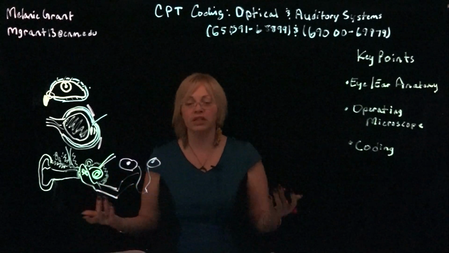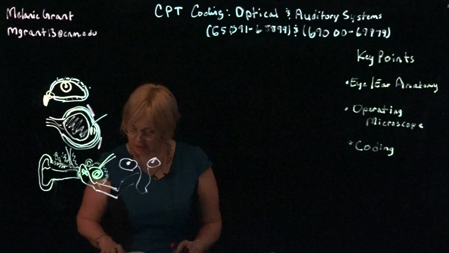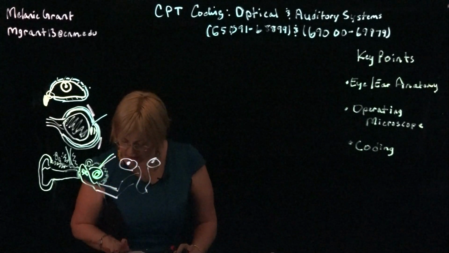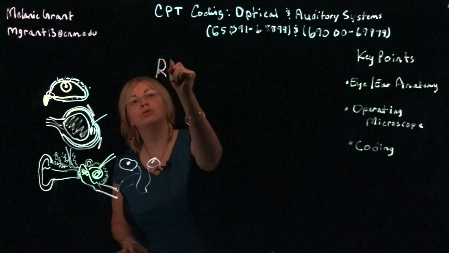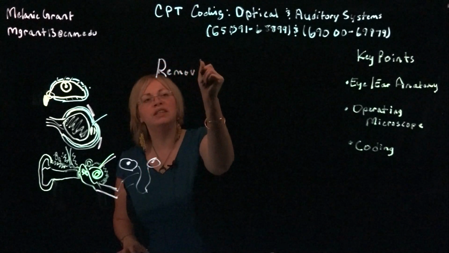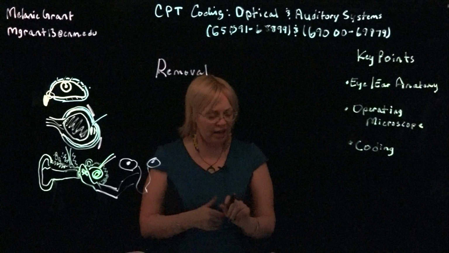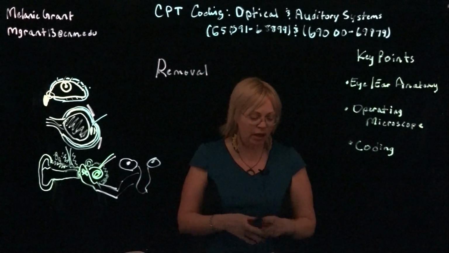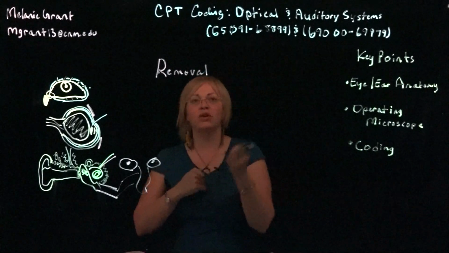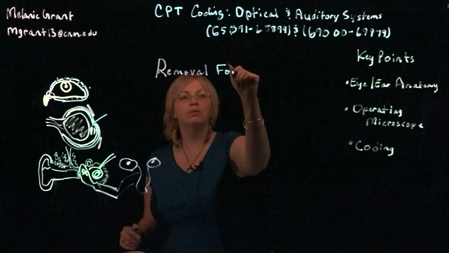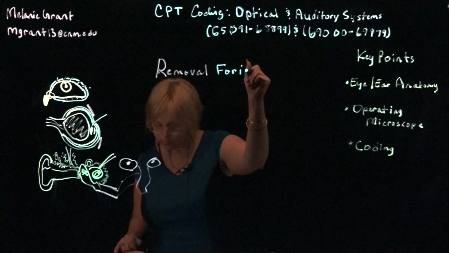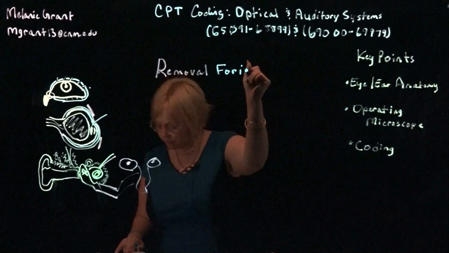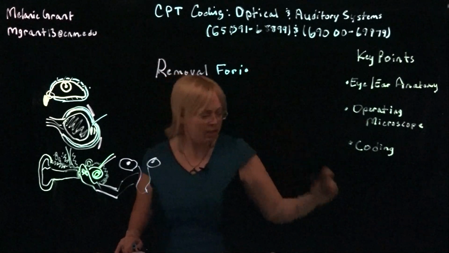Okay, so we're going to start with what exactly is the surgery that they're doing. He removed the metal pieces, so he's removing, removal. What is he removing? He's not removing the eye, he's removing the metal object. And so this is called a foreign body. Helps if I spell it correctly.